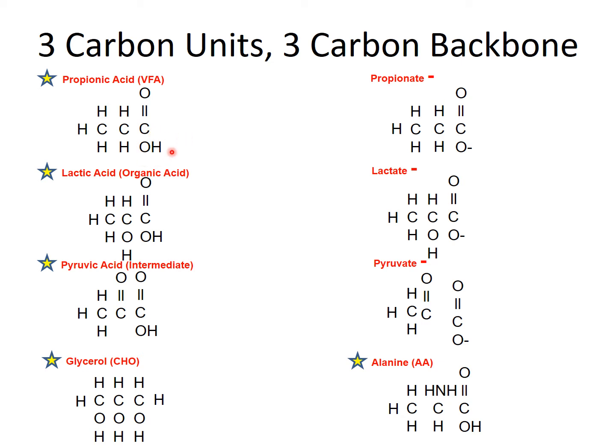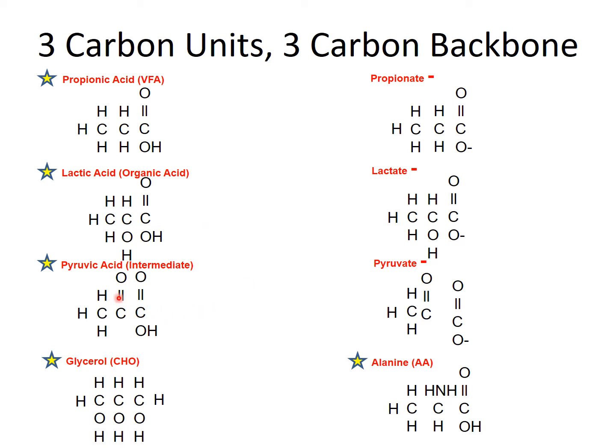It's either got its hydrogen, so it's called propionic acid, or it's lost its hydrogen ion, and then it's propionate. Lactic acid, the difference between the two is we add the alcohol group here on the middle carbon. Again, 1, 2, 3 carbons with or without the hydrogen. So carbon backbone, carbon backbone. So just a slight difference there.